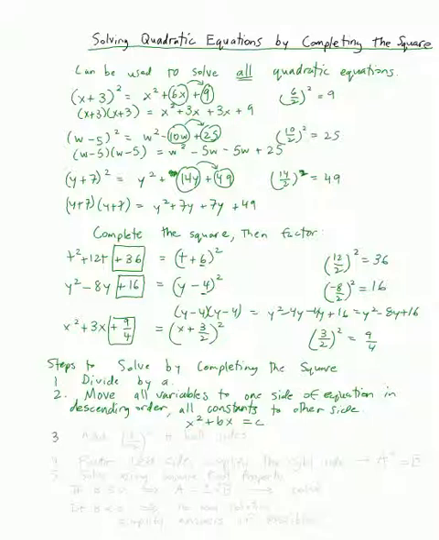Step 3. You're going to complete the square. So let's remember how to complete the square. We take half the middle number, we square it, and we add it to both sides. So we're going to add half the middle number squared to both sides.